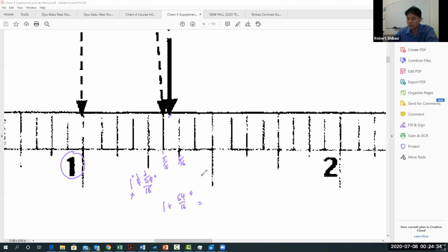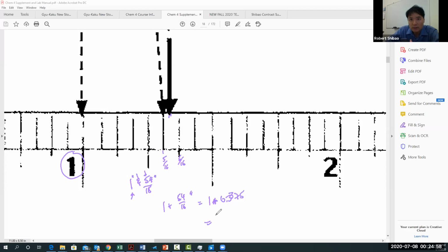So what I'll do is I'll do 5.4 divided by 16 on the calculator and convert that to decimal form. So that comes out to, I'll do it in steps, 1 plus 0.3375. Well, this is division, so I'm only allowed 2 sig figs here.